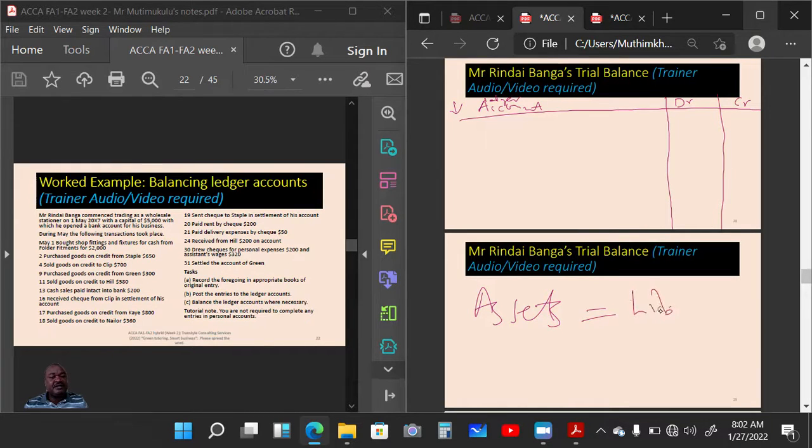Assets is equal to liabilities, and liabilities, like I said, involve capital as well as ordinary liabilities themselves. This is the equation, and this is where the trial balance is centered on. The debit and the credit should balance.